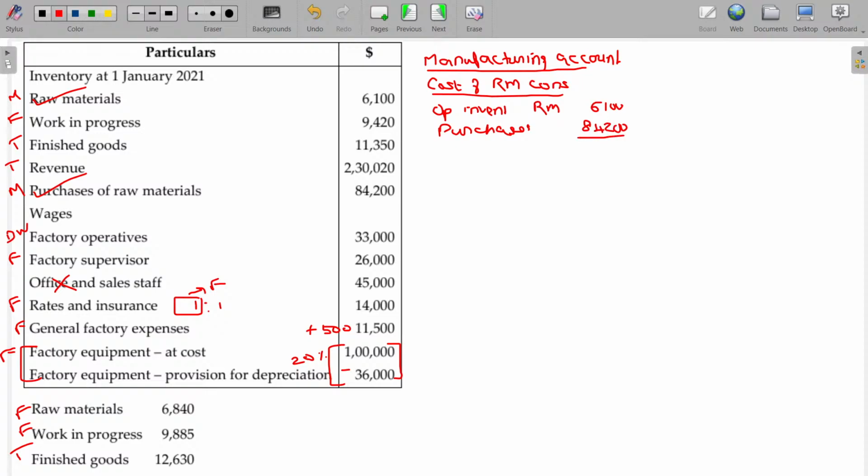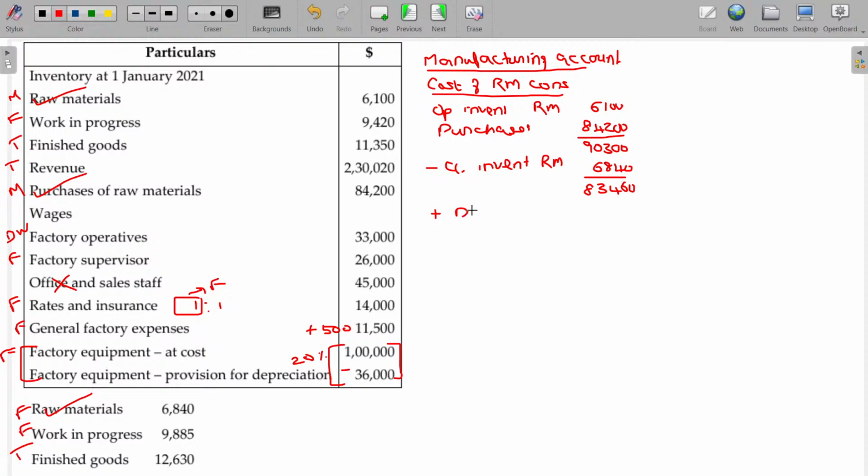Total 90,300. Minus closing inventory of raw material, 6,840. If we subtract, then the value being 83,460.